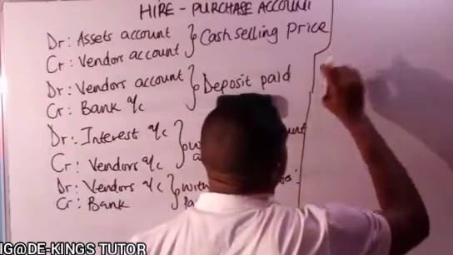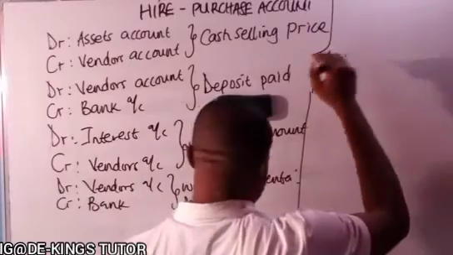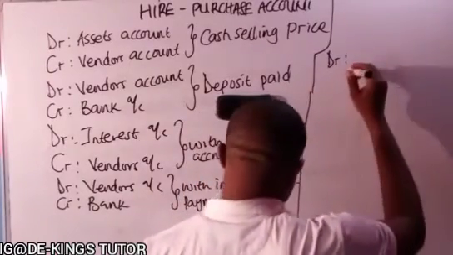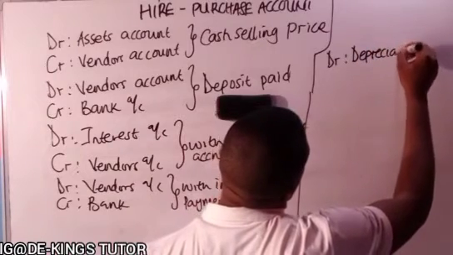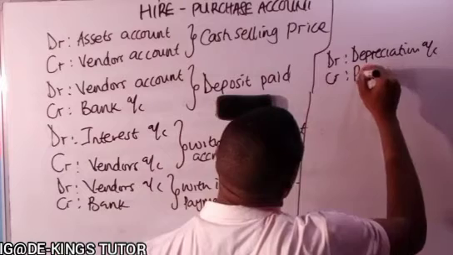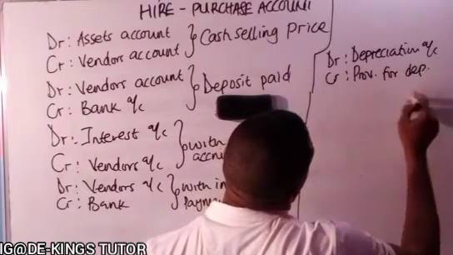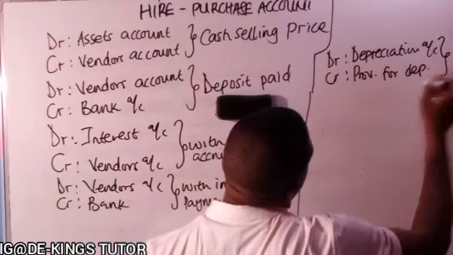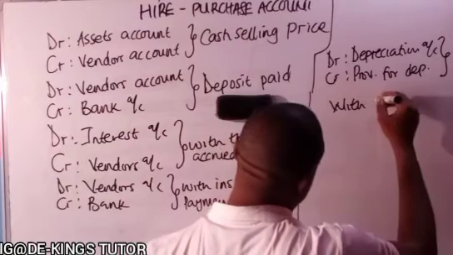For the depreciation, for the yearly depreciation, we have to debit the depreciation account, and we have to credit the provision for depreciation, and this is with the yearly depreciation.